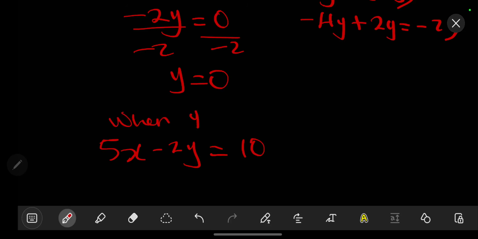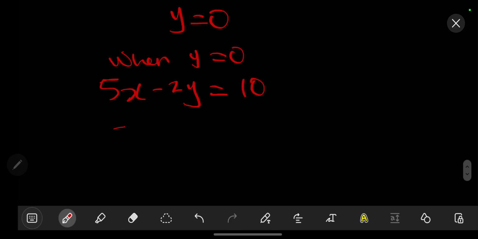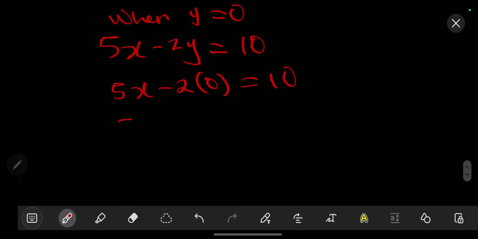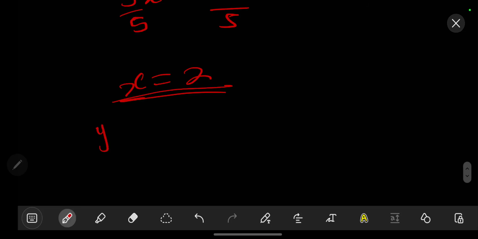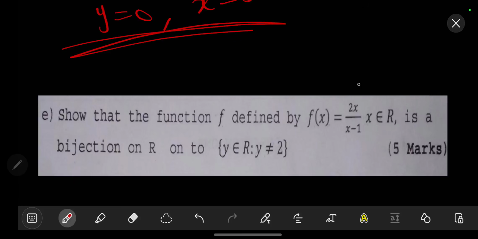Remember, when y is equal to 0, we have 5x minus 2 times 0 should be equal to 10. 0 doesn't change anything, so 5x is equal to 10, over 5 over 5, our x value is equal to positive 2. So we have found our y to be equal to 0 and our x to be equal to 2. That's how we solve that one.